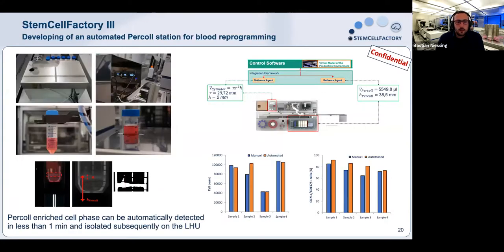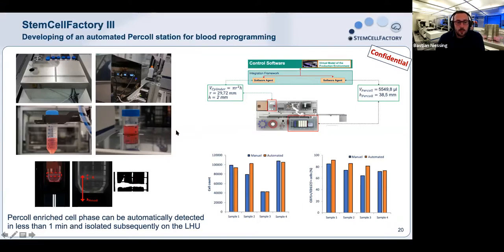So what we developed is a so-called buffy coat station. On the left side, you can see it. This station can be handled automatically by the robot. So we put a tube inside of the station. Then we have a camera system and an illumination system.